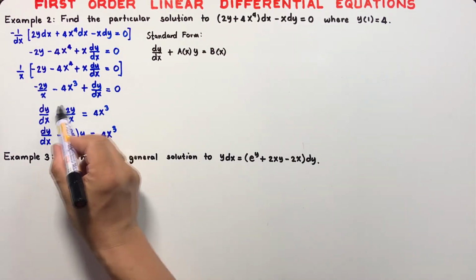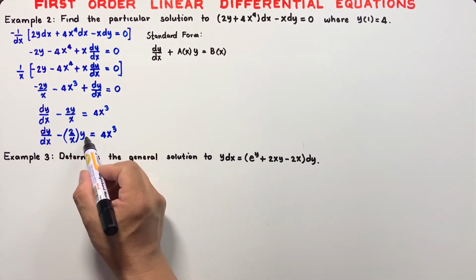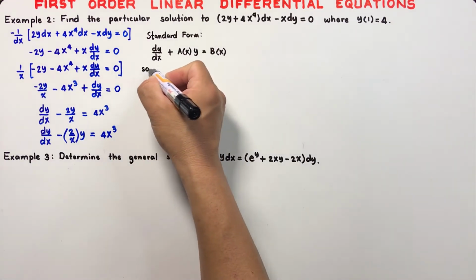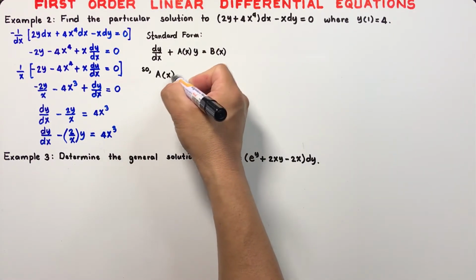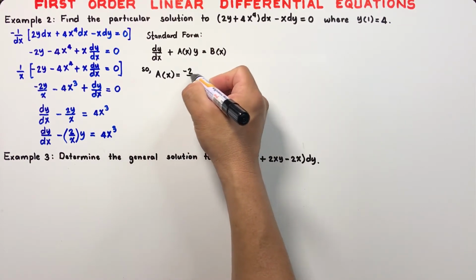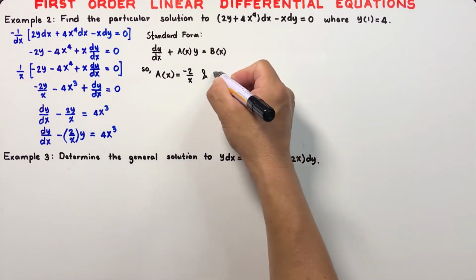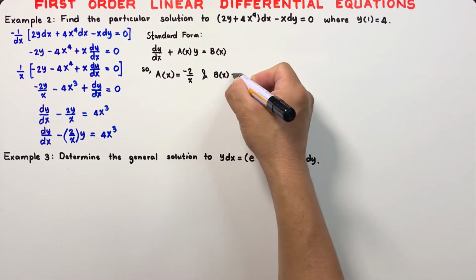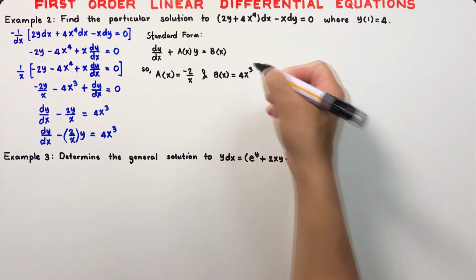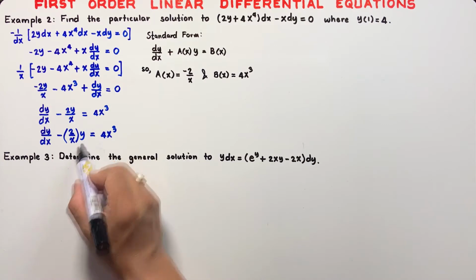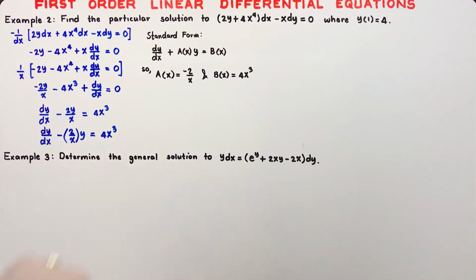And we write also this term as 2 over x times y. So we understand that our a of x there is negative 2 over x. So we include the negative here because the standard is always positive. And our b of x here is equal to 4x cubed. So this is linear in y because of this y here. And this is the first order in the derivative of y with respect to x.